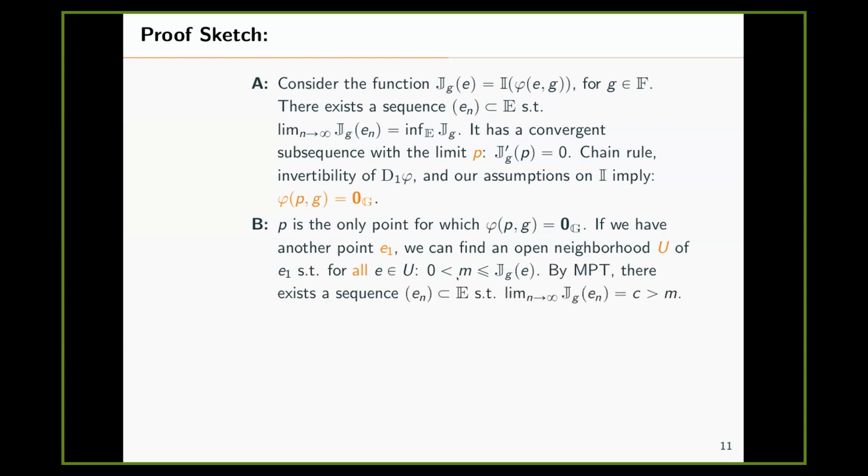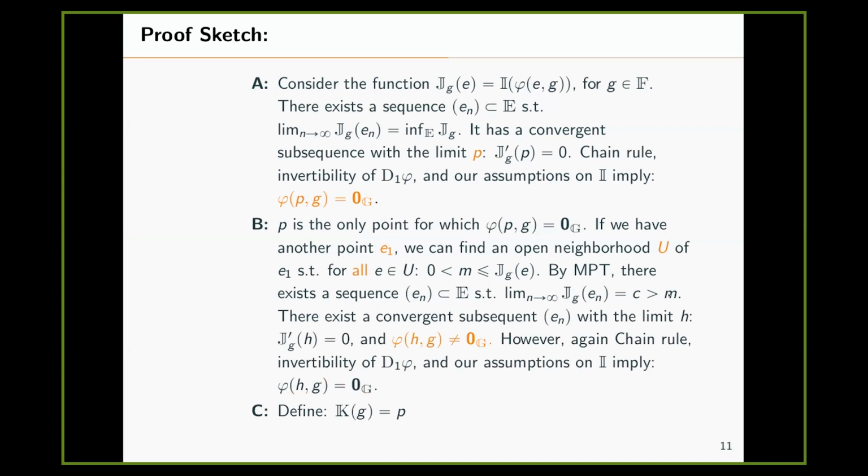Then we apply the mountain pass theorem to find the sequence E sub n that approaches a critical point with value more than m, and we find a convergent subsequence E sub n with the limit H, and we will prove that f of H and g is not the zero element.